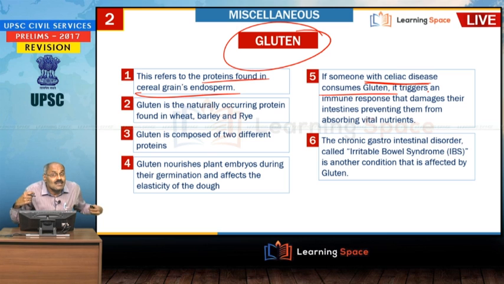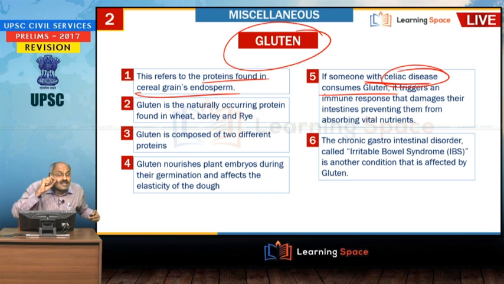So because of the usage of wheat and barley, persons suffering from celiac disease sometimes get dysentery. This is a disease pertaining to the small intestine.